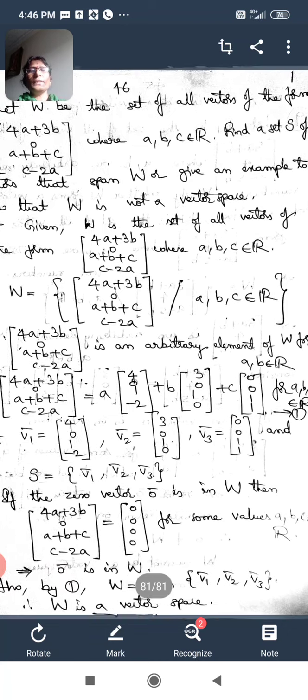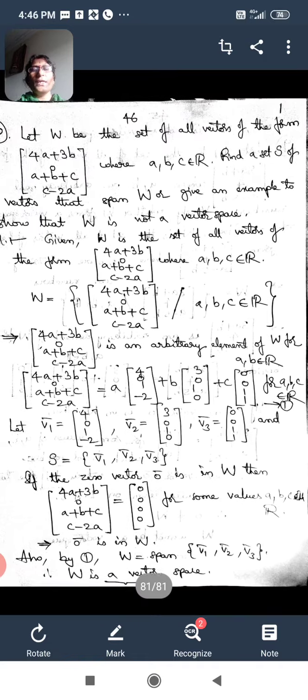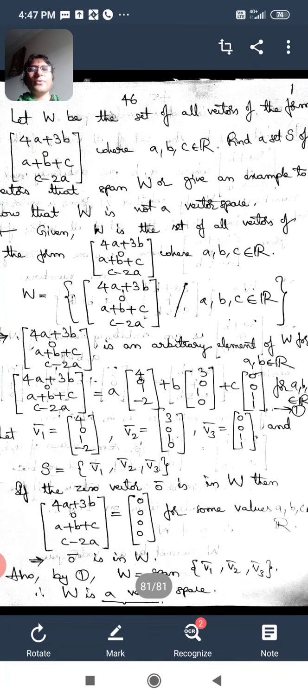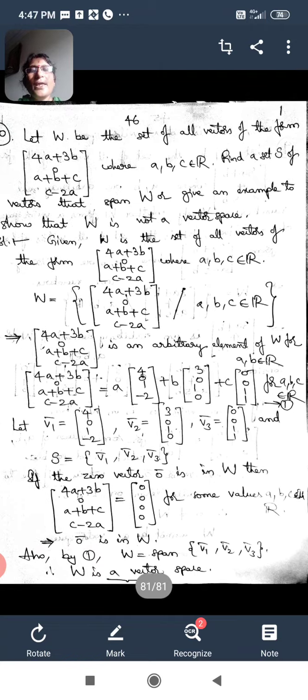I have taken this as equation number 1. If we observe it, whatever is there in equation 1 is nothing but a linear combination on the right hand side. So an arbitrary element of W can be written as a linear combination of the 3 column vectors on the right hand side with the scalar multiples a, b, c.